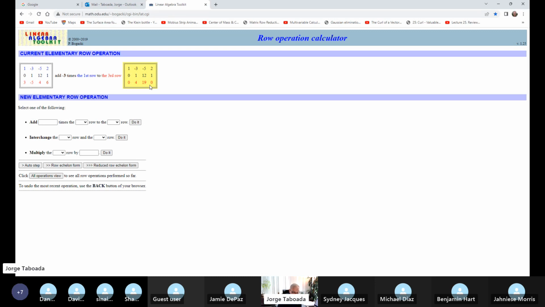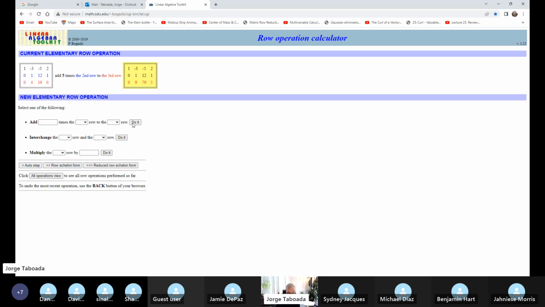Okay. Finally, let's do the last one, the factor of 5. The factor of 5. And 5 multiplied by row 2. Now the pivot is in row 2. The storage row is 3, no? 3. Do it. Bam! And my final answer is 1, -3, -5, 2, 0.